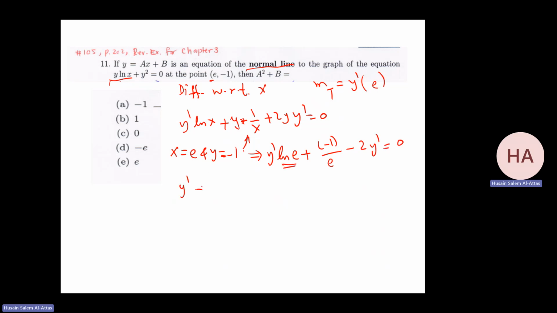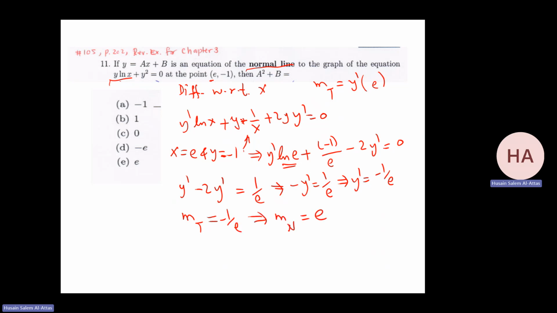So I have y prime minus 2 y prime equals 1 over e. So I have minus y prime equals 1 over e. So y prime equals minus 1 over e. This is the slope of the tangent, minus 1 over e. So the slope of the normal will be e. I need to write the equation, so it will be the equation of the normal.